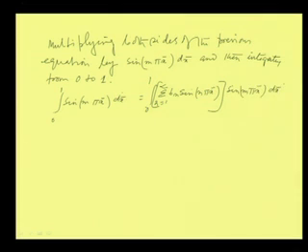Then all terms on the right hand side will vanish according to the orthogonality property, except the term when m is equal to n.